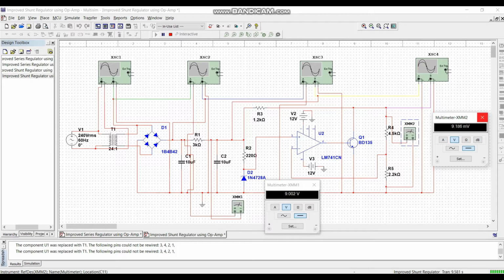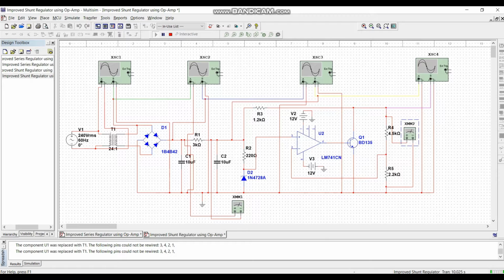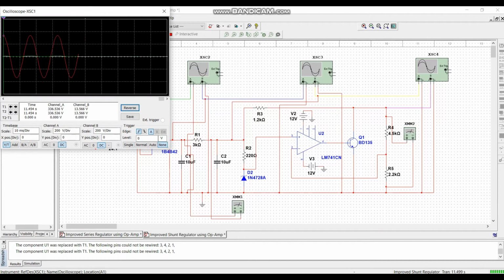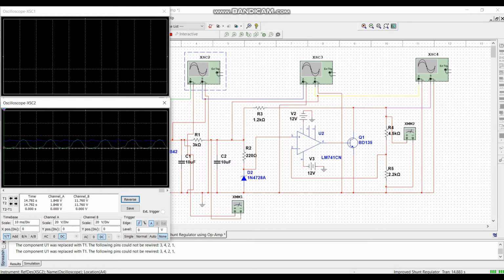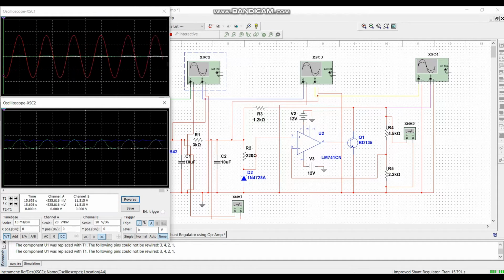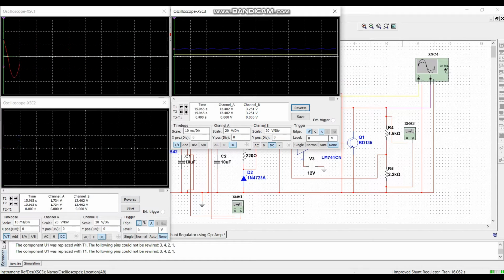Okay, now let's look at the voltage waveform. This is the waveform we get. The green one is the step down. After the step down, the second one is the voltage ripple, and after the filtering process we get this one.